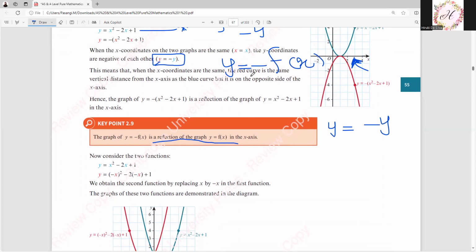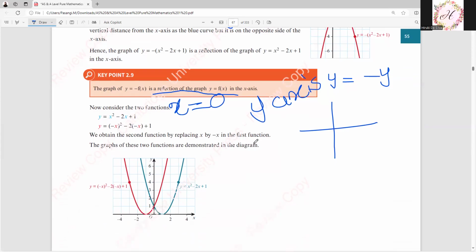If it goes evenly to both sides of the y-axis, then what will happen? Again, the mirror line would be the y-axis, the line x is equals to 0. So here see the difference. Consider the two functions. One is y is equals to x squared minus 2x plus 1.